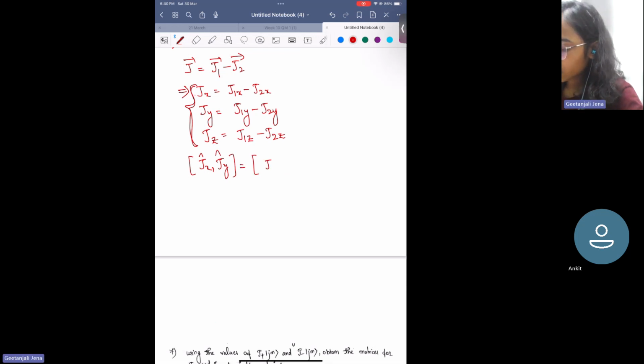You just have to use the properties of commutation. So J1x minus J2x, and Jy is J1y minus J2y. Now use the properties of commutation.